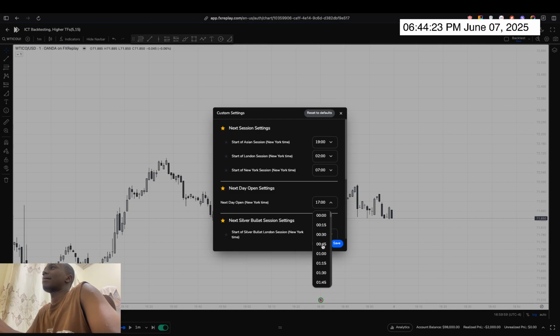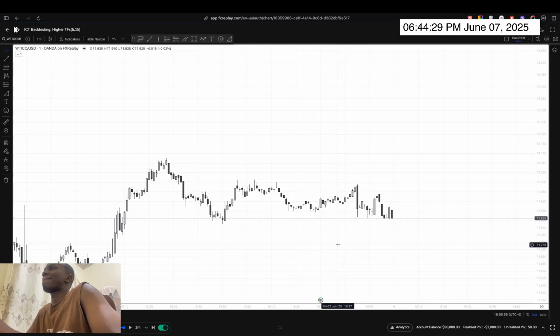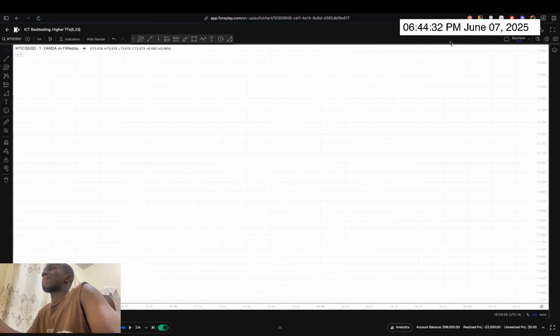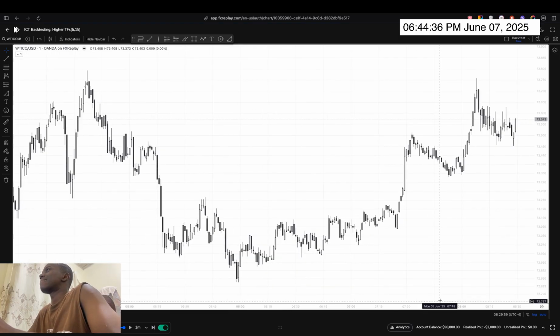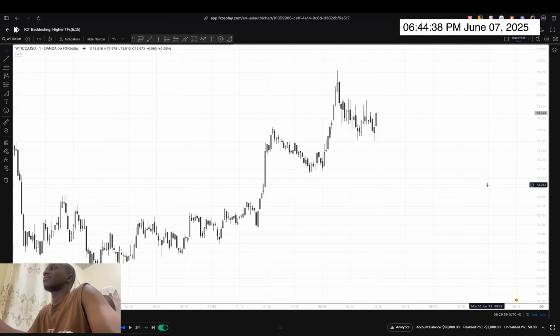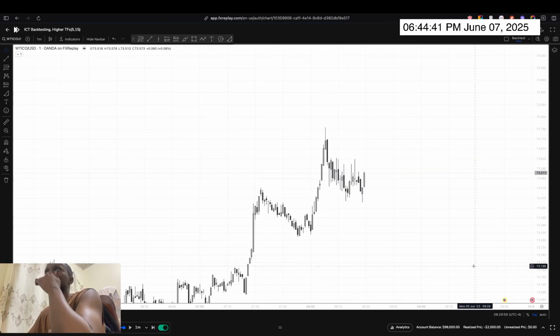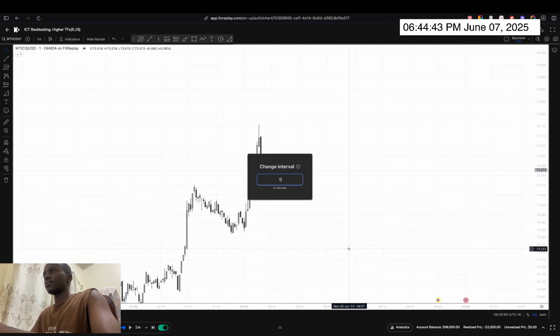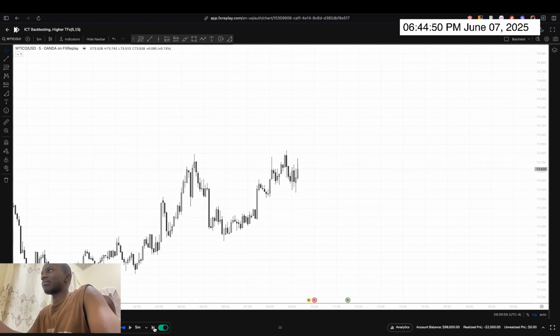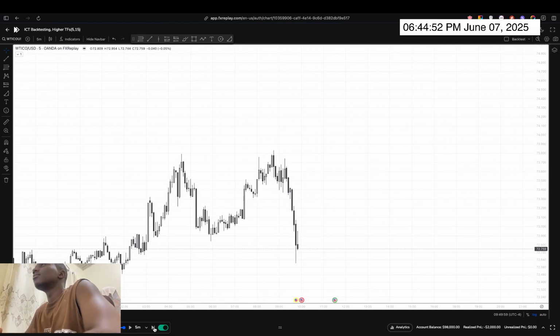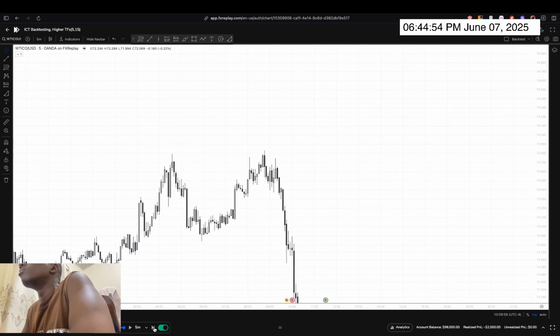Next day open, I think I'll put it at 10, at 8:30. Okay, good. So, well, I think this thing is not that clean. Let's see how the New York Silver Bullet behaves here. Okay, oh god.